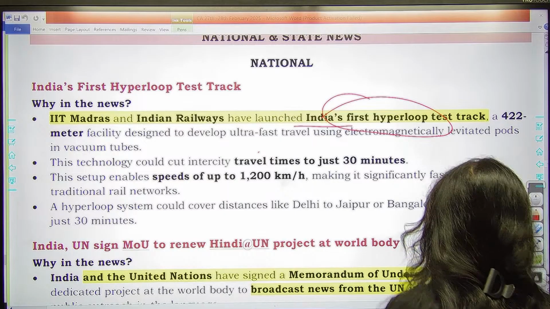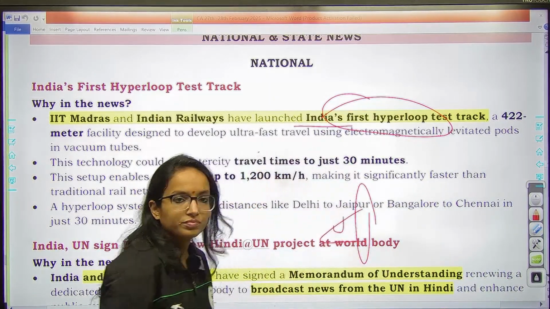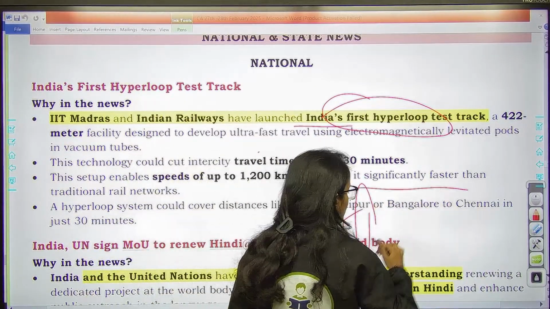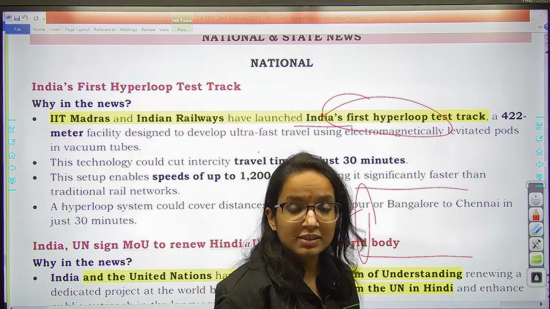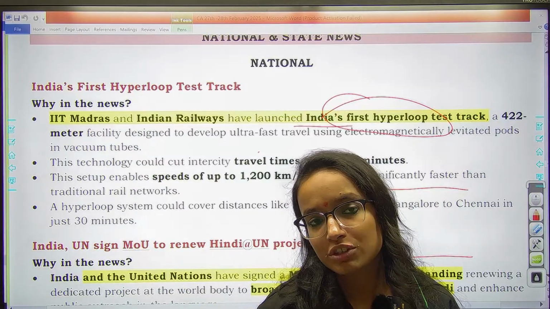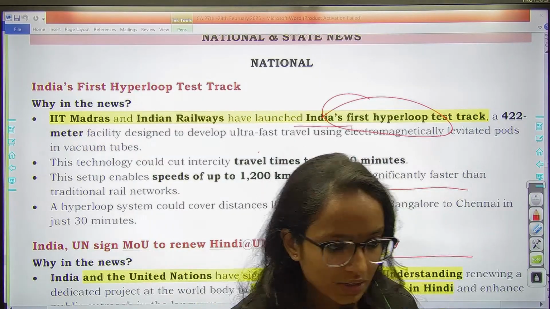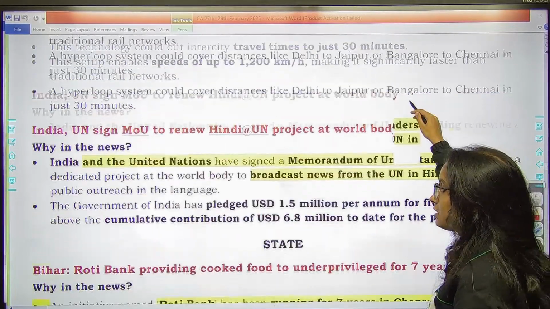Hyperloop क्या होता है? See, एक vacuum होगा ऐसा, उसके अंदर you will have this train running, right? सो इसकी स्पीड बहुत ज़्यादा होगी. It is expected that if this is rolled out between Delhi and Jaipur, then Delhi to Jaipur would be only 30 minutes. That is the kind of speed it has, right? So remember, IIT Madras and Indian Railways.